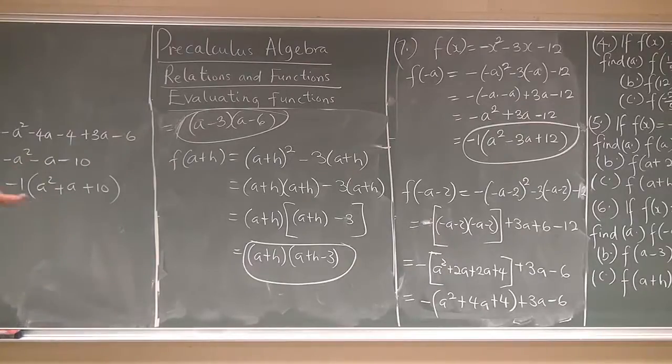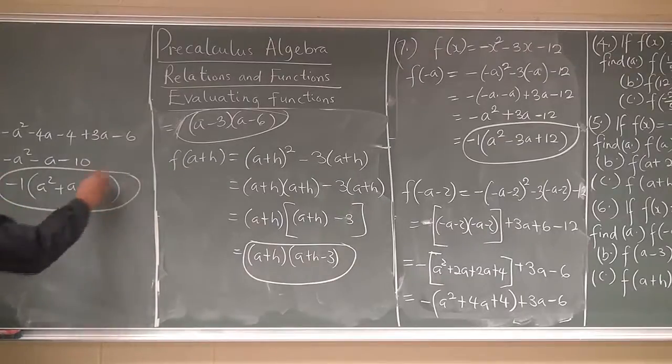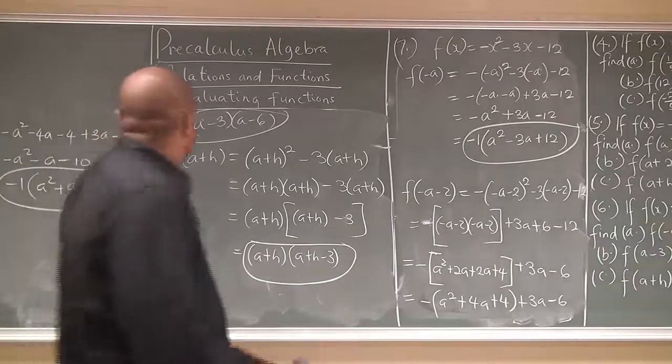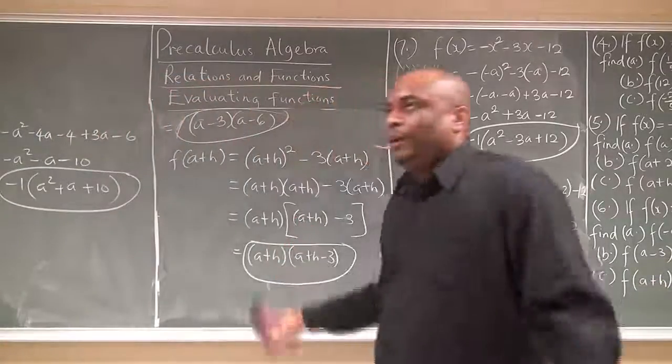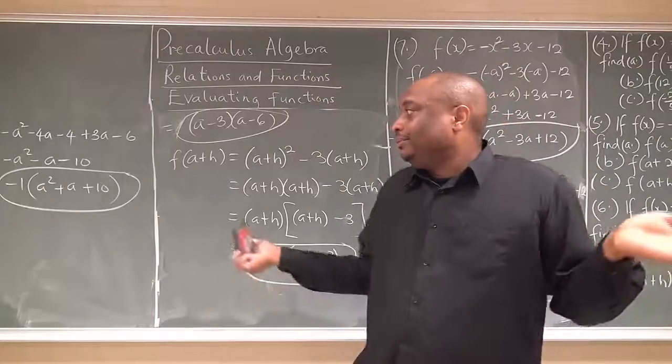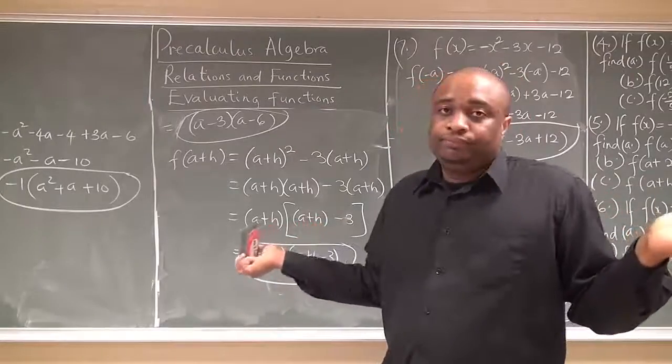So can you factor this further? Nope. So you cannot factor this further and this becomes your answer. Okay? That becomes your answer because you cannot factor it. 1 and 10 won't work. 2 and 5 won't work.